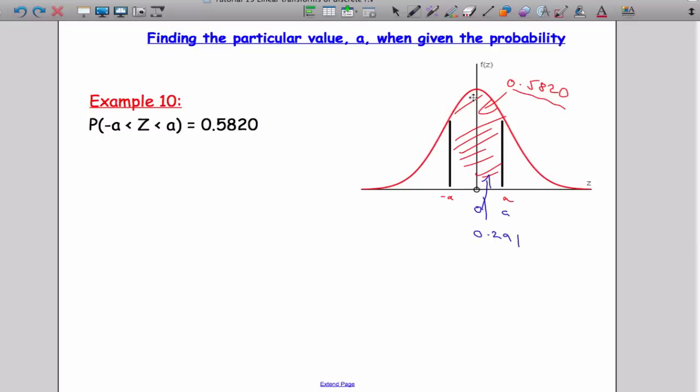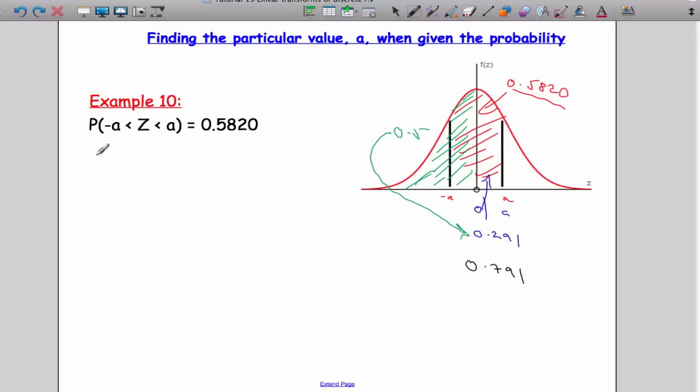and I also know that everything to the left of the 0, total area to the left of the 0, has an area of 0.5. Now if I add this area onto the blue area, that gives me everything to the left of A. So I'm going to add on 0.5 to 0.291, which gives me 0.791.